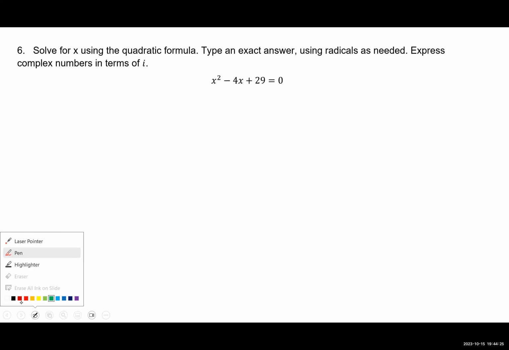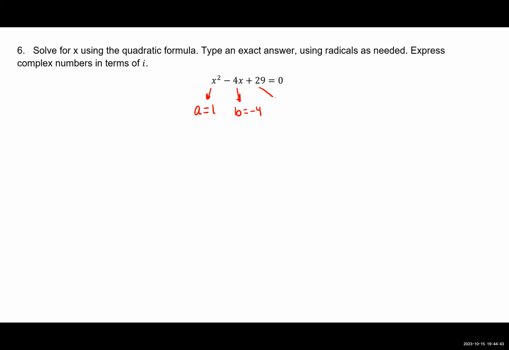We have the quadratic formula. It's an if-then statement. If you have an equation of the form ax squared, in this case a is 1, plus bx, so here the b is the -4, plus c, so c would be the 29.